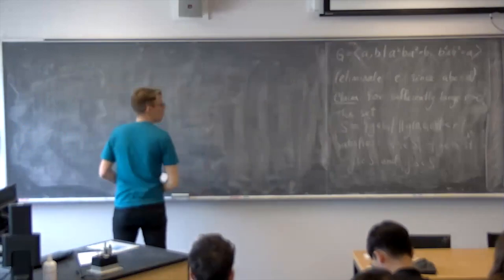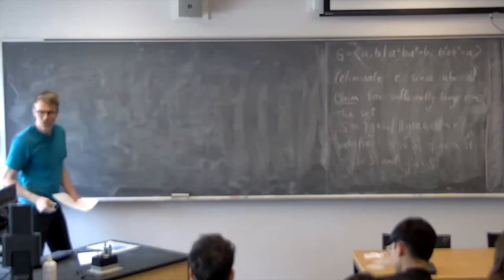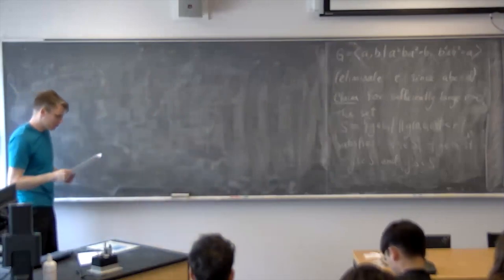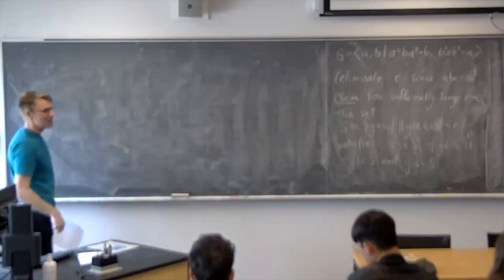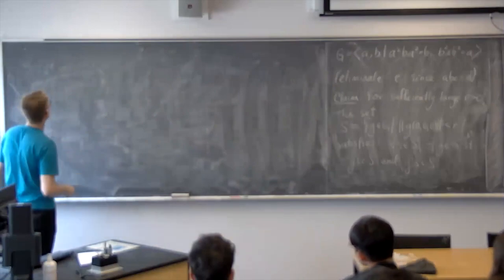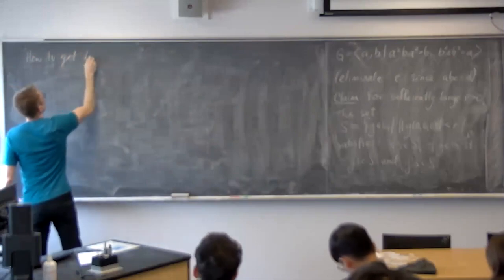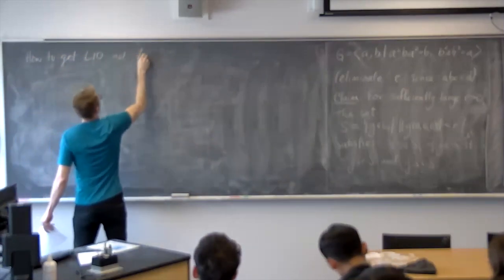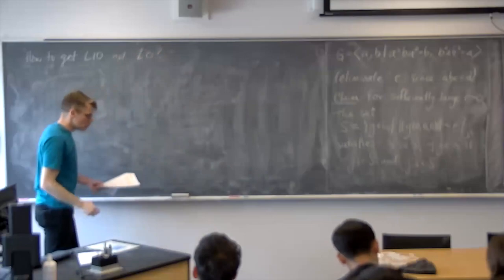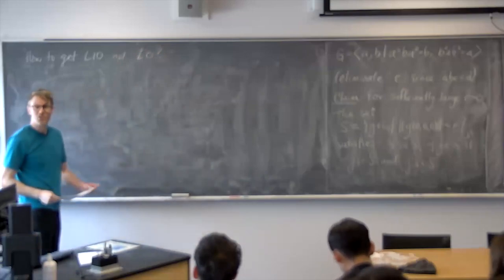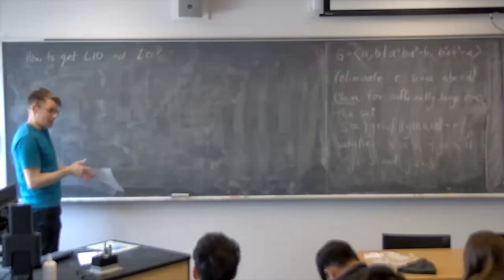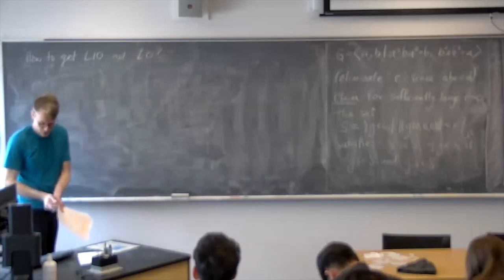So how might we try and make a group which is LIO but not LO? Something we might try to do is observe that there are certainly locally invariant orders that are not left orders.